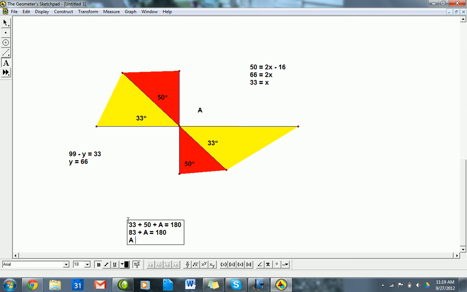And that makes A equal to 97 degrees. So this angle right here is indeed 97 degrees. Bada bing, bada boom. And by the vertical angle theorem, this other white angle is vertical to this angle A. So this guy is also 97 degrees.